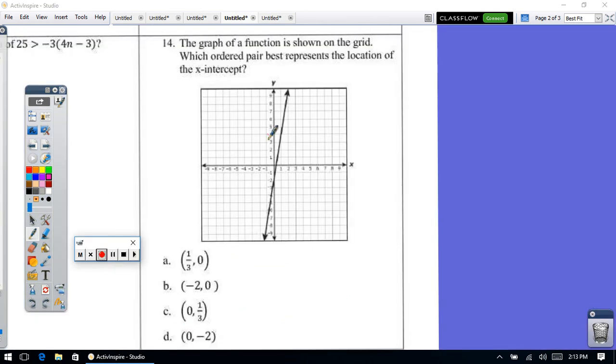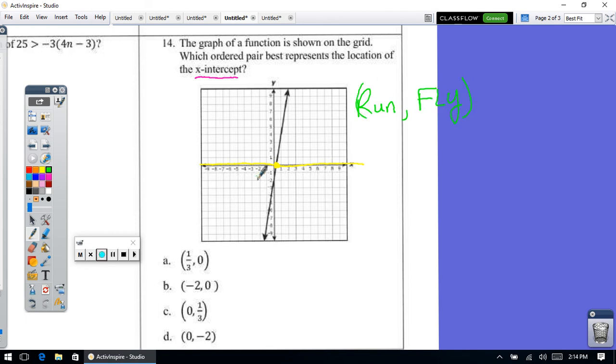And lo and behold, number 14, they want to know, what is the x-intercept? I'm surprised that this is still a top question missed. The x-intercept is where it crosses the x-axis. It crosses the x-axis right here. If you're struggling plotting points, you need to remember that you must run before you fly.